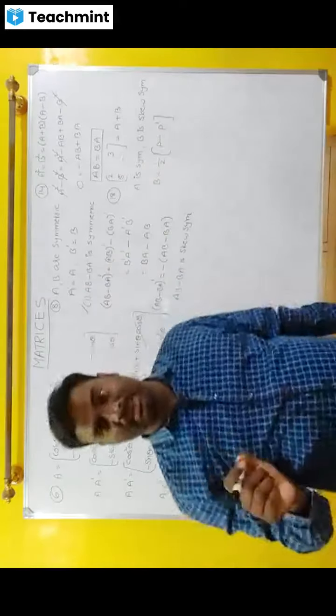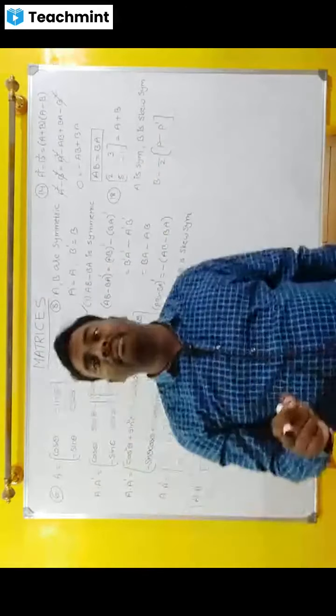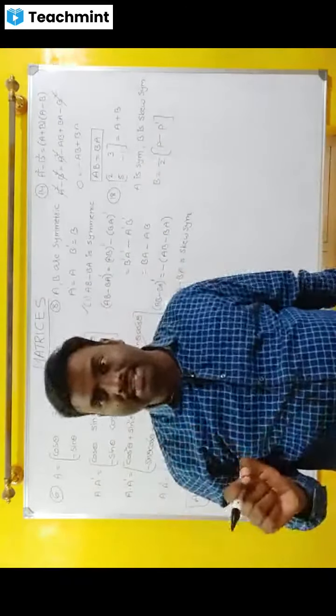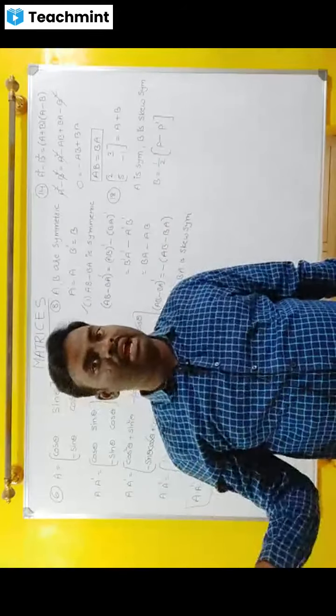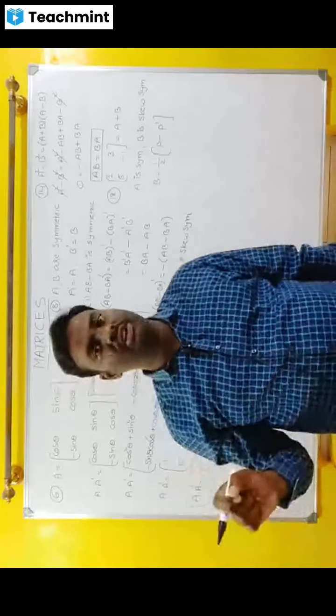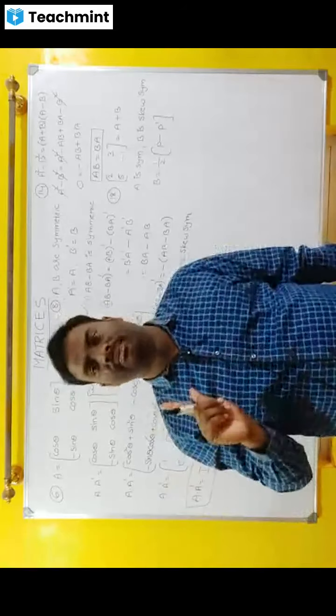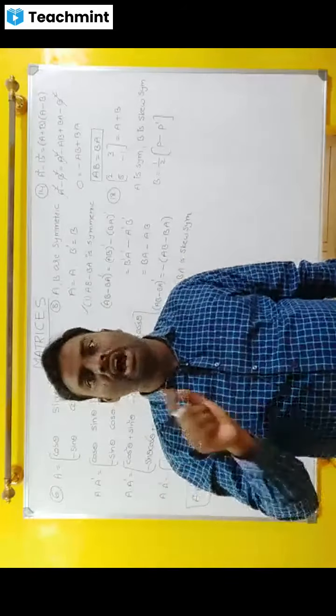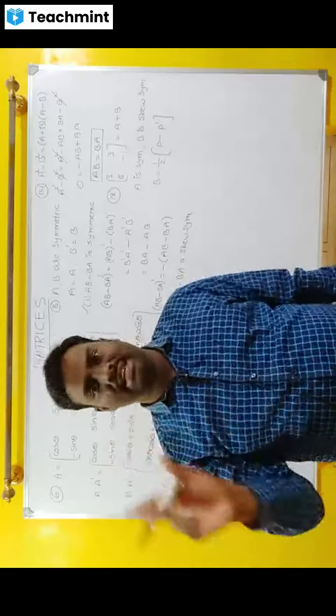Yesterday in the synopsis I explained: a square matrix can be expressed as the sum of a symmetric and a skew symmetric matrix. Symmetric is half into A plus A dash, skew symmetric is half into A minus A dash.